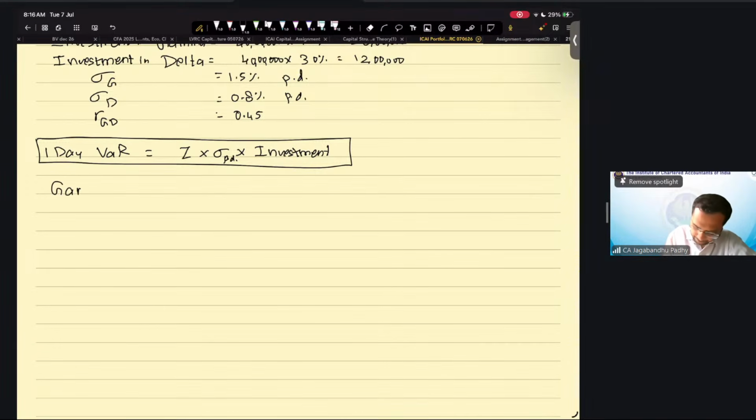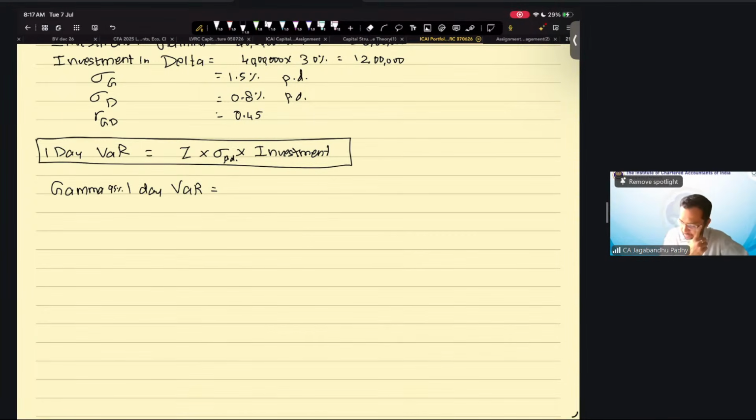So for Gamma, the 1 day value at risk is going to be Z score. Now that depends on what percentage we are seeking. Let's say initially we are talking of 95%.